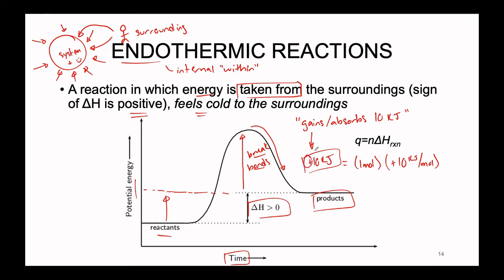Again, we're always from the perspective of the system in chemistry. And so if the language surrounding a problem or describing an observation states that certain amounts of energy are gained, the enthalpy or the heat, our Q, has to be positive.